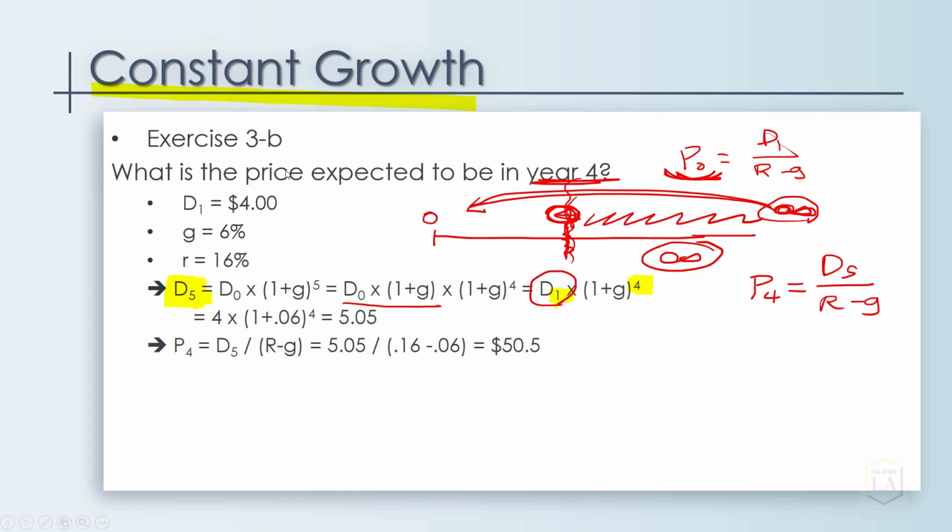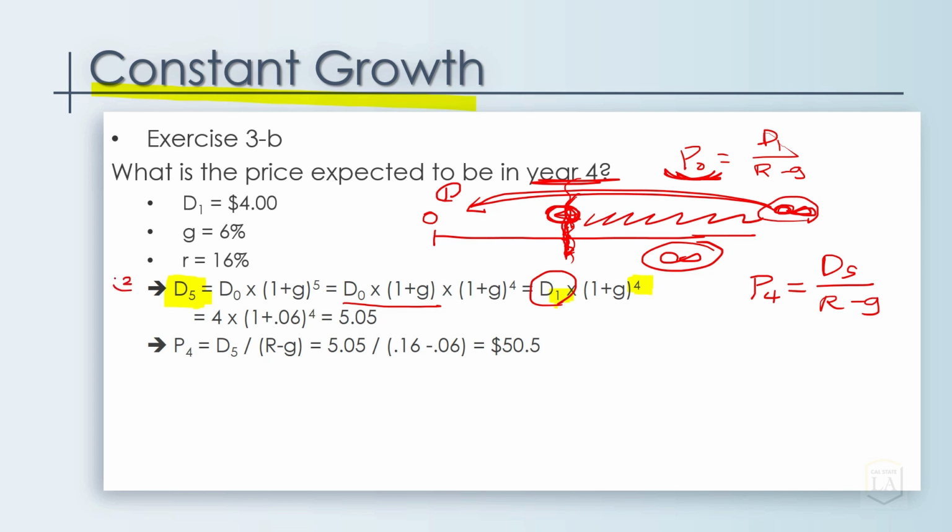The key here was that, first, we are just making a shift in terms of the time horizon for our starting point to be year 4. Then your model could be adjusted to dividend 1 year ahead, which is 5 in this case, divided by R minus G. That's the first takeaway here.